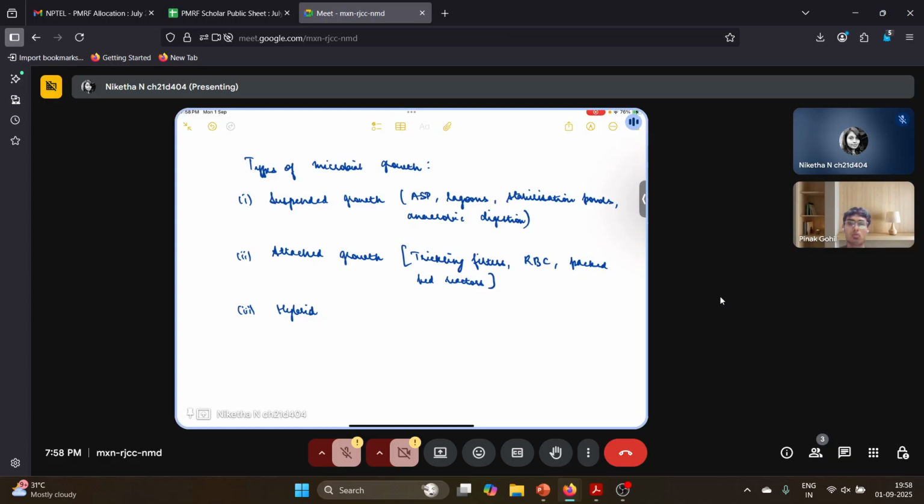Sequencing batch reactor, no, you're confusing between both. A sequencing batch reactor is a type of batch process, so that can have suspended growth. It's not about the type of microbial growth. It's about the design. It is a batch reactor, and usually we go for a continuous reactor.